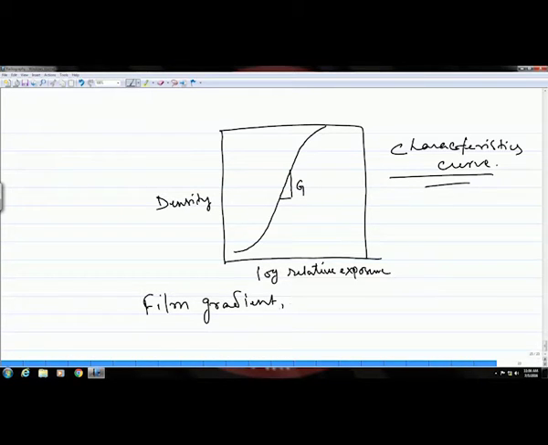So, if the gradient is called g, then g is the slope, which is D 1 minus D 2 over log epsilon 1 minus log epsilon 2.